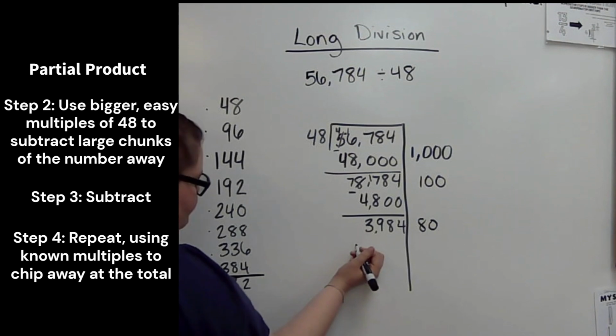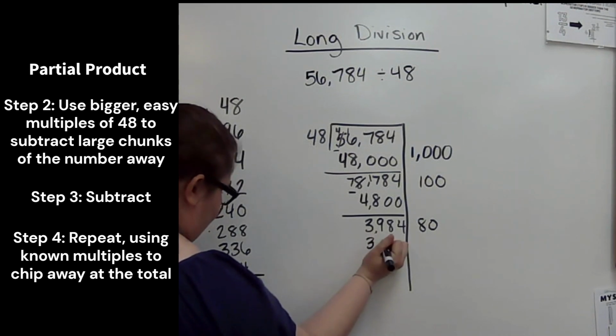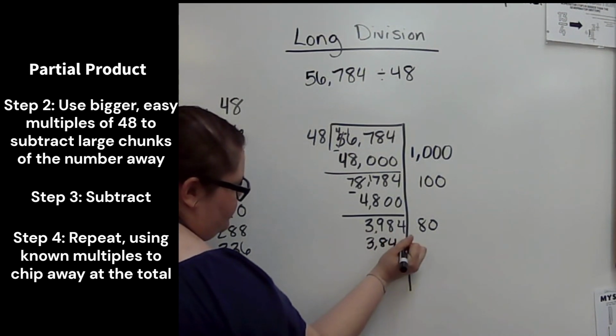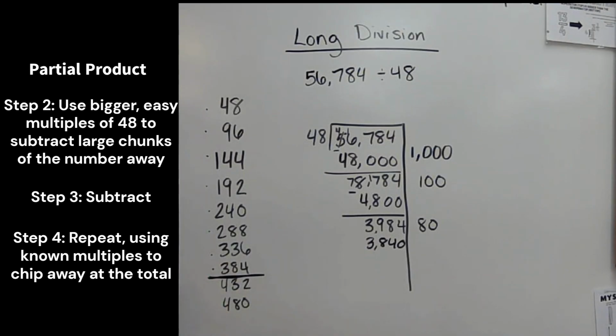So I have 3,840. Another way for your multiples list is you could draw it like a T-chart, and you could label them. That's 1, 2, 3, 4, 5, 6, 7, 8, 9, 10.